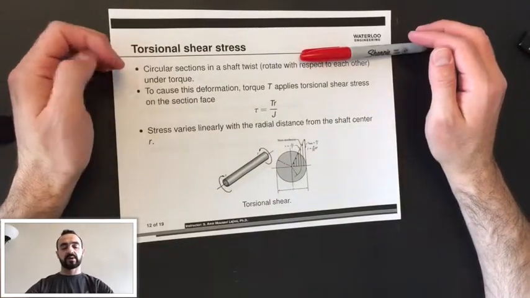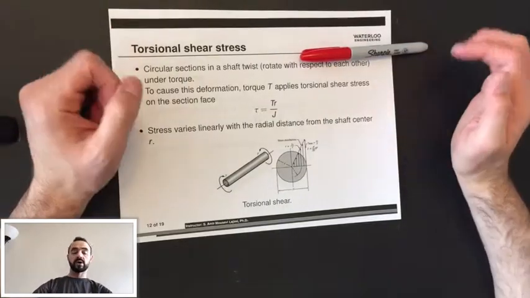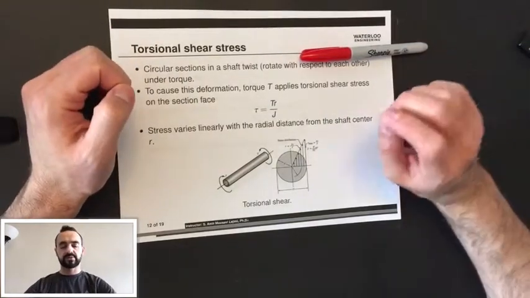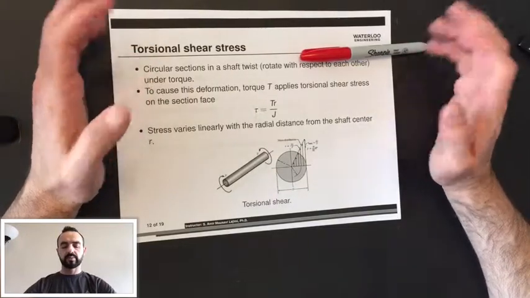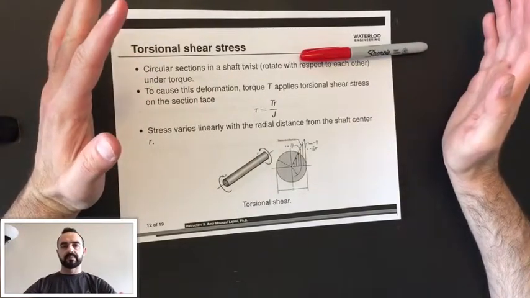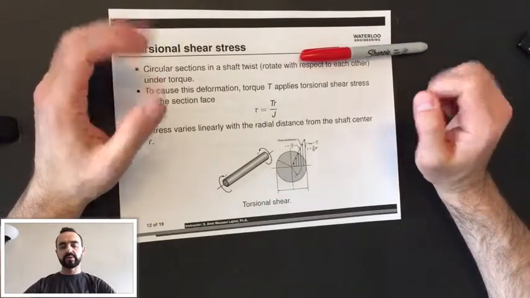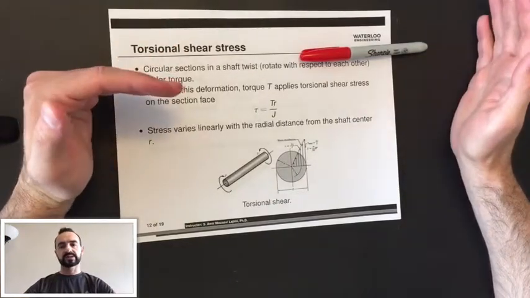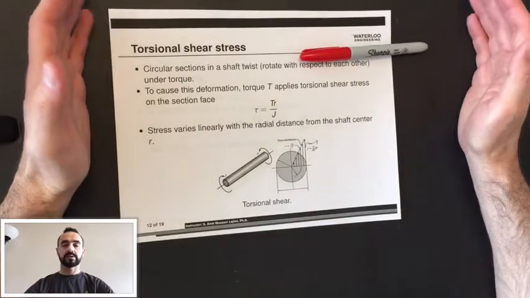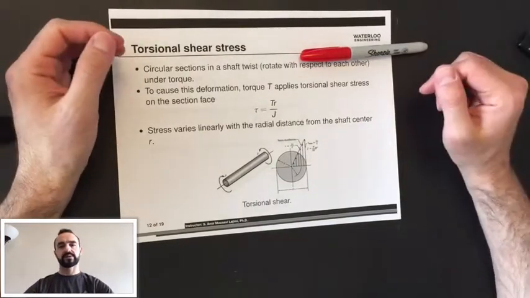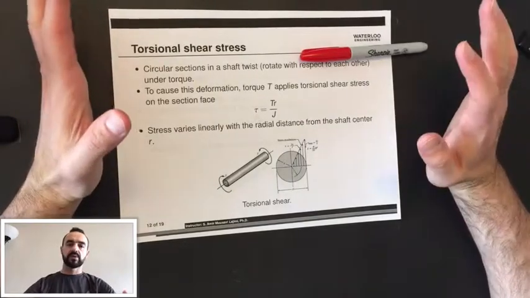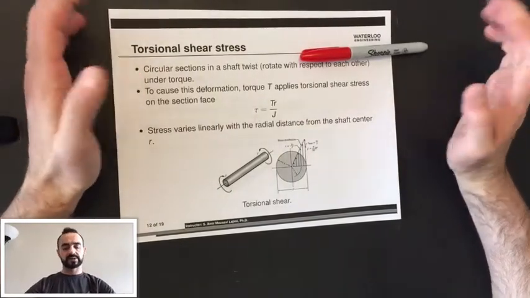What causes that is torsional shear stress. One important point is that what we're doing here is relating an external quantity like torque or force to an internal quantity, for instance, torsional shear or normal stress.